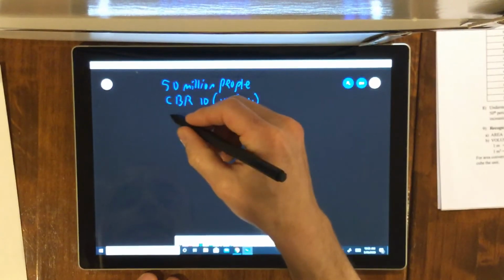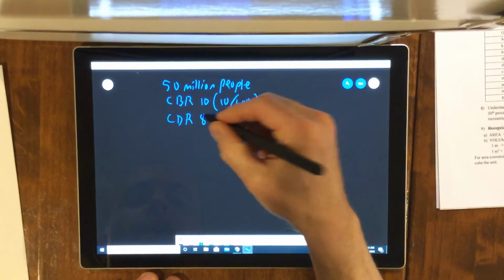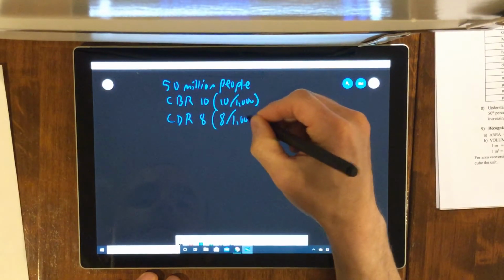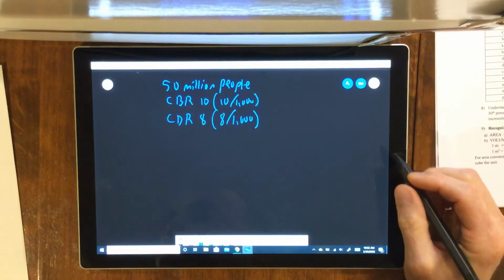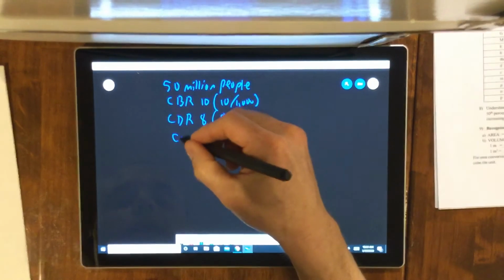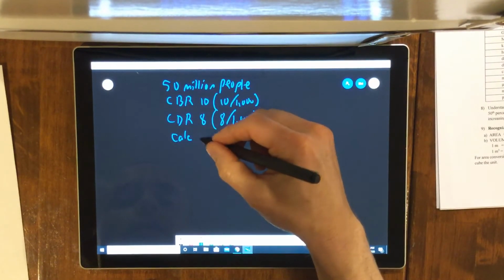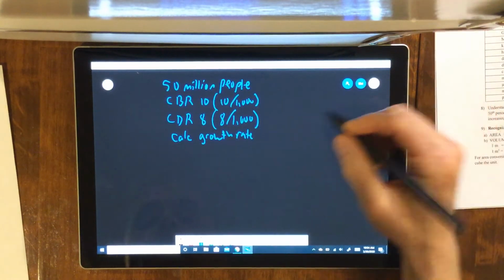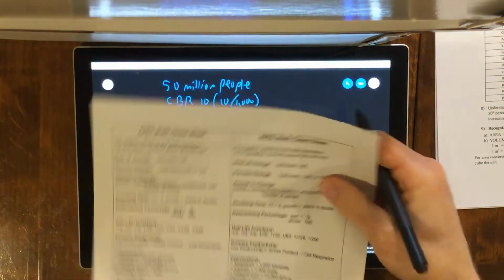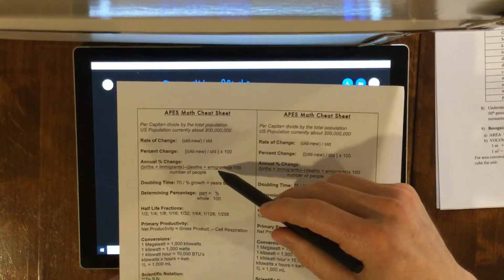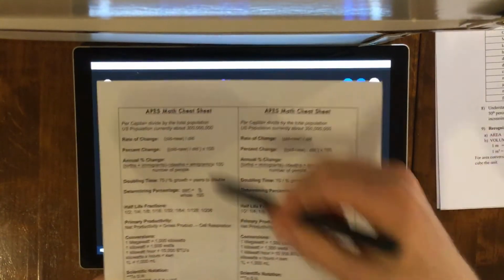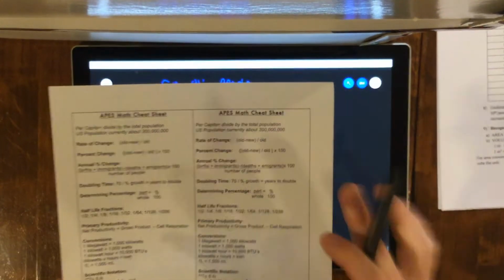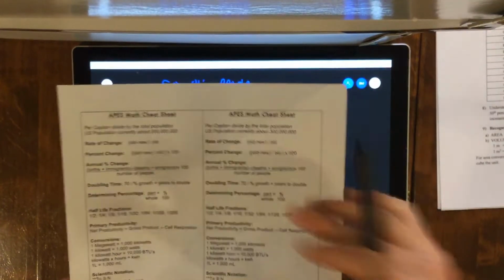It also has a crude death rate of 8, which is 8 out of 1,000 people. Now we want to calculate the growth rate of this population, in a percent. We're going to be using this equation, and typically they would say to ignore immigrants and emigrants. So let's say immigration cancels out, which isn't necessarily true, but let's just say that.